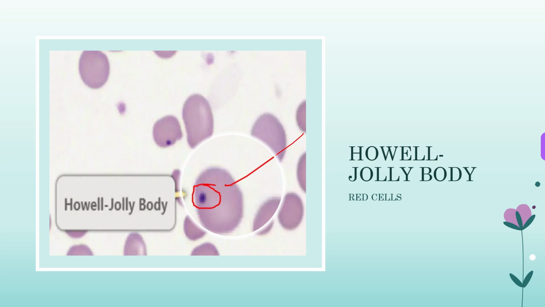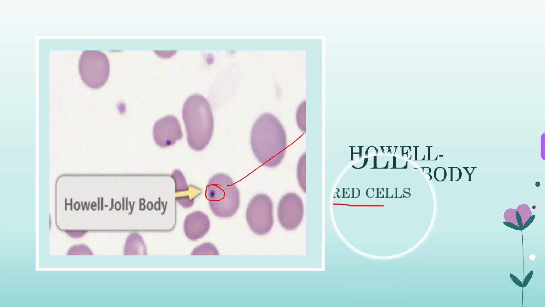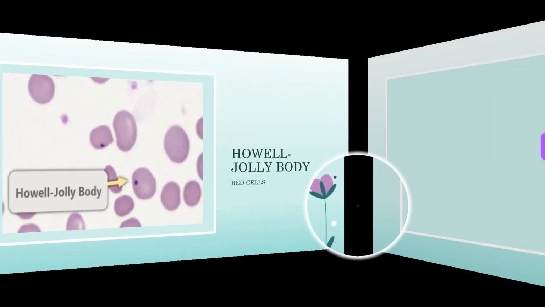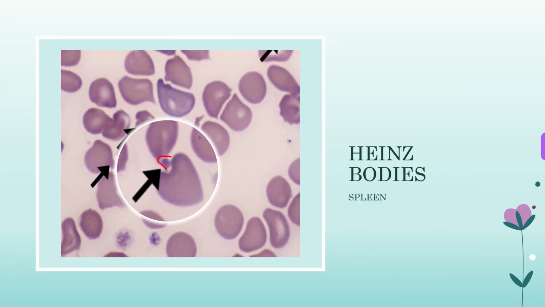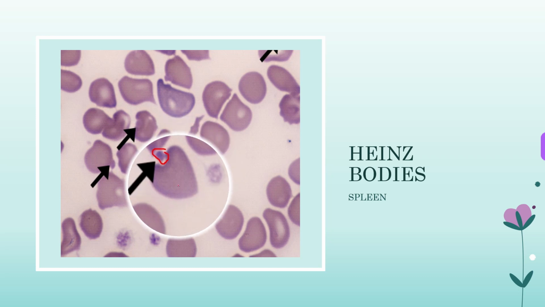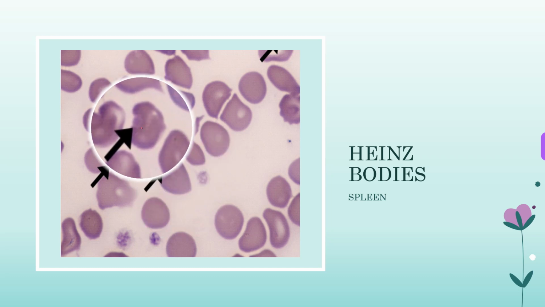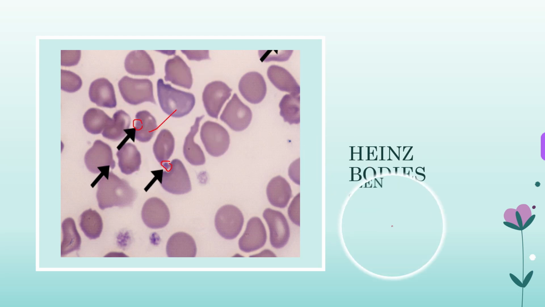So Howell-Jolly bodies are seen in red cells. Okay. Now next we have another body, that is Heinz bodies. Heinz bodies are mainly seen in the spleen, where there is denatured hemoglobin. Okay. So Heinz bodies are seen in spleen.